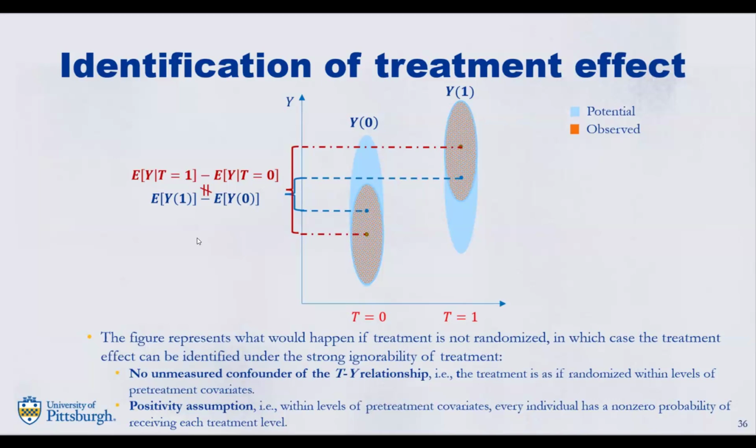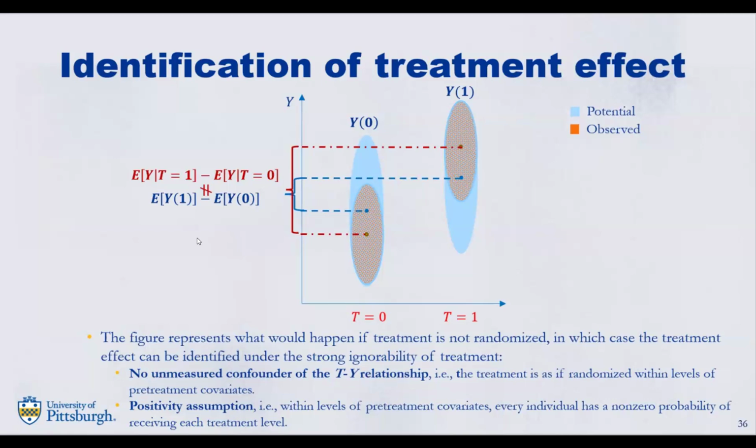This assumption would be violated if one or more subgroups are never or rarely observed to receive a treatment level, in which case no or little information would be available for inference about those subgroups' counterfactual outcome.